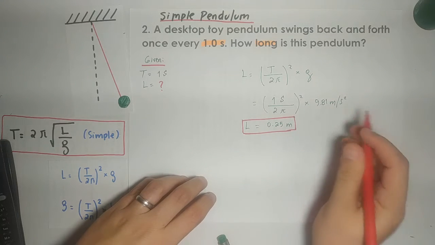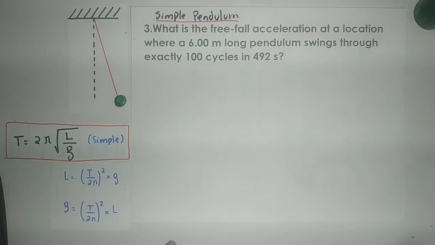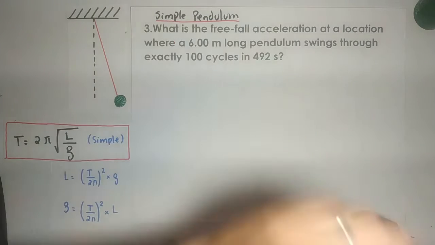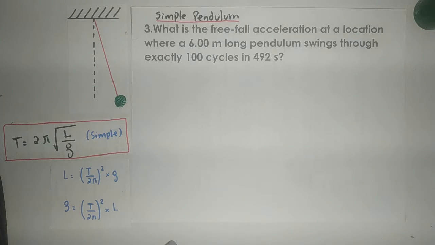Easily, right guys? Now let's do the third example about simple pendulum. What is the free fall acceleration? I'm asked to find free fall acceleration, also known as gravity, at a location where a 6-meter long pendulum swings through exactly 100 cycles in 492 seconds.